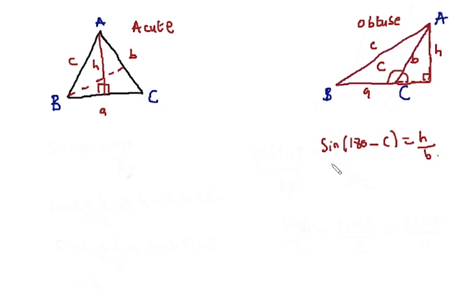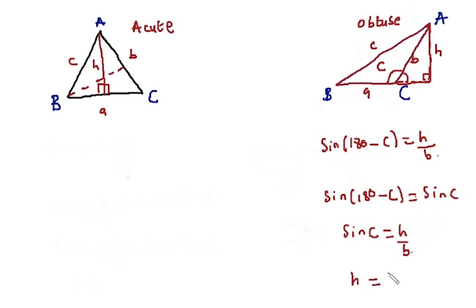Now there is a rule that states that sine of 180 minus C is still equal to sine C. So sine C is equal to H over b. From here we can cross multiply, and H becomes b sine C.